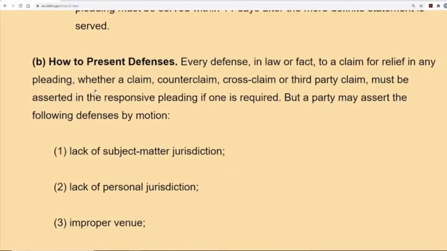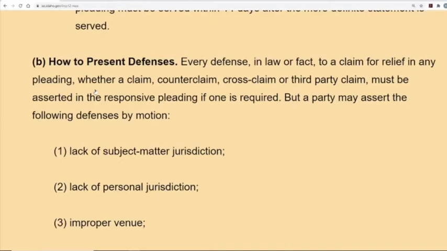How do you present your defenses? Every defense in law or fact to a claim for relief in any pleading, whether a claim, counterclaim, cross-claim, or third-party claim, must be asserted in the responsive pleading if one is required.